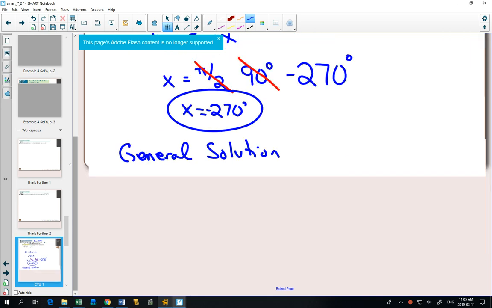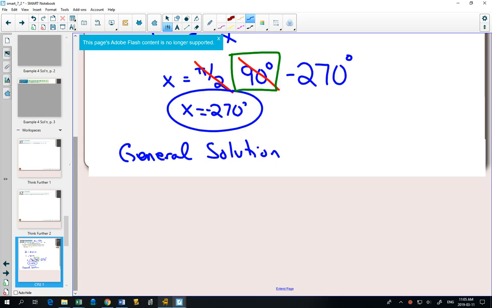well, if we go back in our notes and we say, what did we write down for the general solution? For the general solution, it said, solve first between 0 and 2 pi or 0 and 360 degrees, which we did, right? Here is the answer between 0 and 360 degrees. It was 90 degrees. That was the only answer.